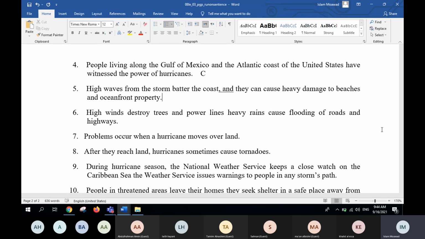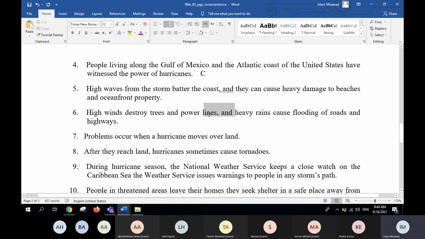Can you tell me where the first sentence is and where the second sentence is? From "high winds destroy trees and power lines." Okay, this sentence, correct? That's right. So we put a period and make the H capital, or a comma and "and." Okay, and heavy rains cause. That's right. Thank you.